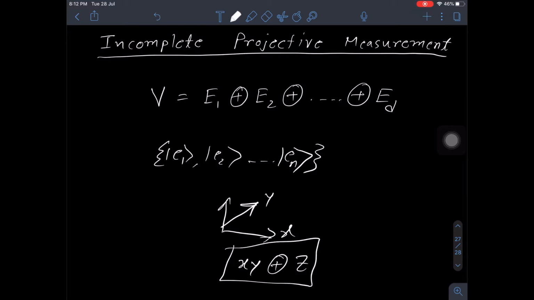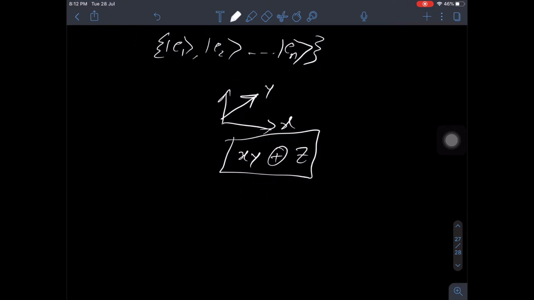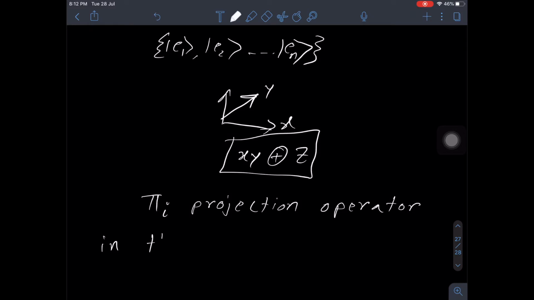Now let's point out another thing, that is the projection operator pi I, which is a projection operator in the EI subspace.